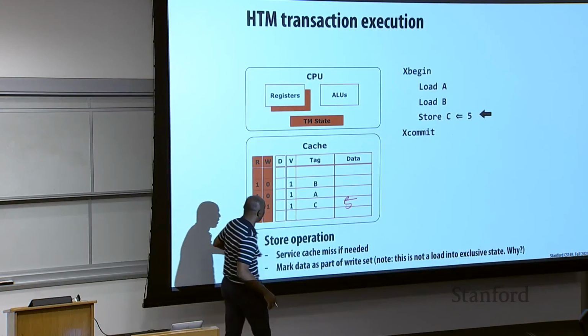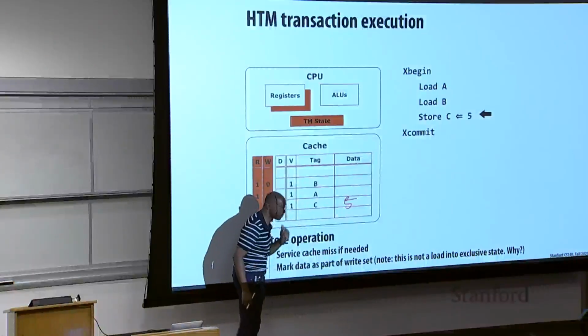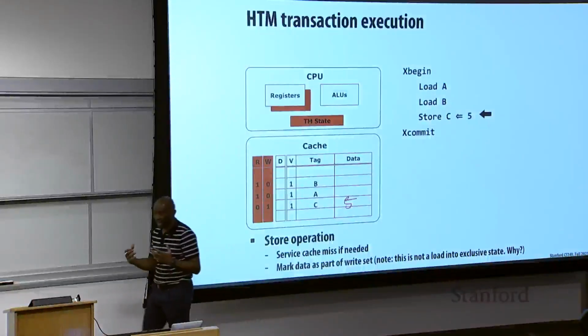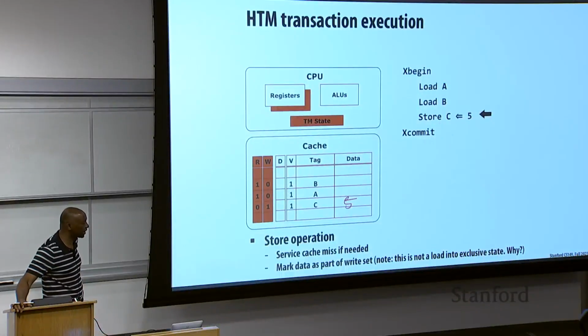In particular, the value that we wrote to C, how do we indicate to the rest of the system that this is actually committed state?